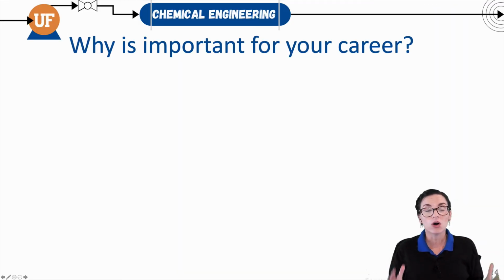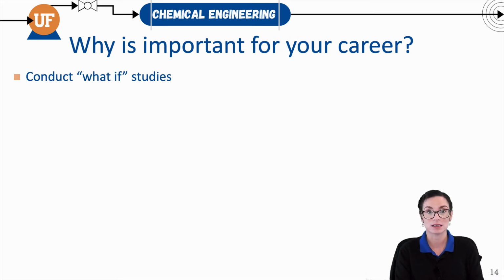Why are we learning all of this, why are we going to spend so much time in our curriculum to learn software simulators? Software simulators allow us to conduct what-if studies. In a typical chemical engineering problem, you know the equation, you know the knowns, there are unknowns, and then you find an answer. You may do derivations and create an analytical solution, and sometimes you can use Excel or some other data analysis software to graph the behaviors between variables.